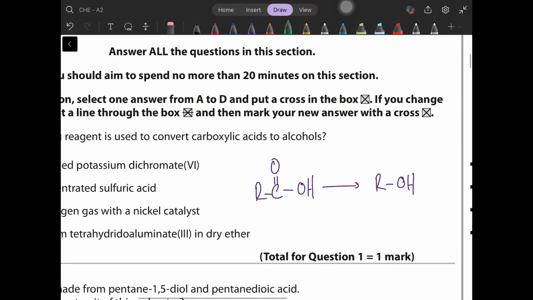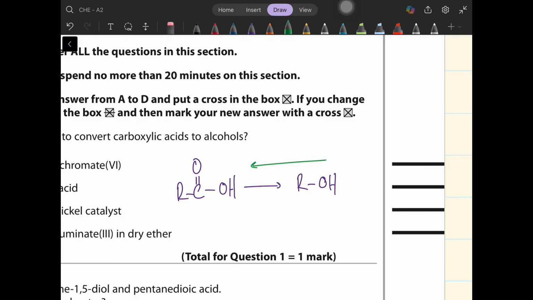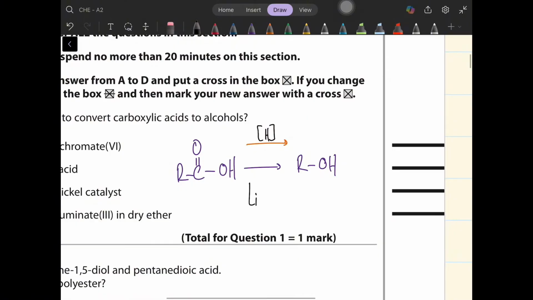So basically we know that oxidation of this alcohol to carboxylic acid needs potassium dichromate and dilute sulfuric acid, right? But the reduction process of converting this carboxylic acid to alcohol requires LiAlH4 in dry ether.